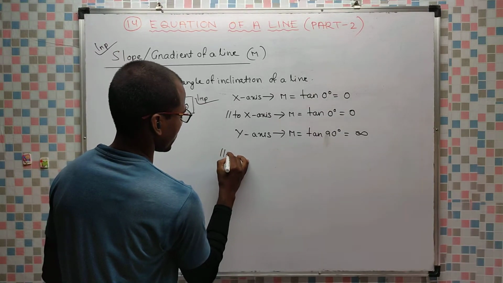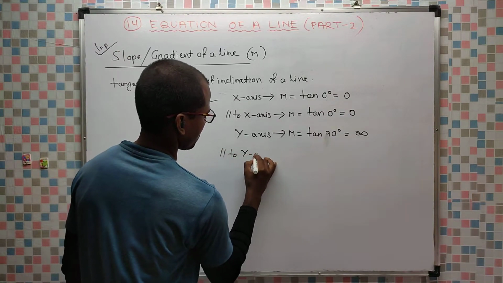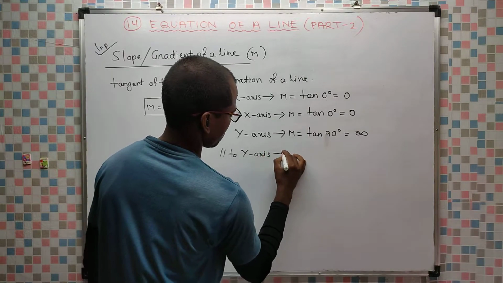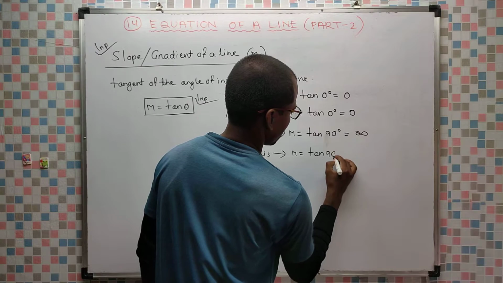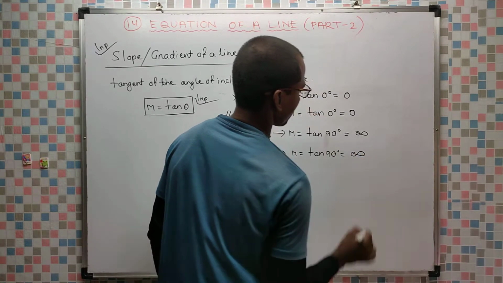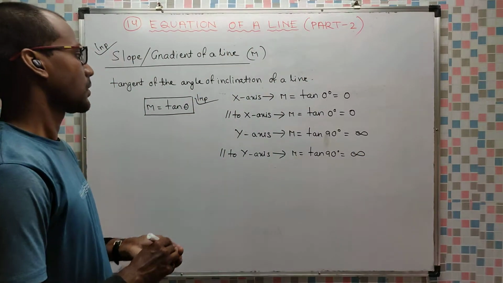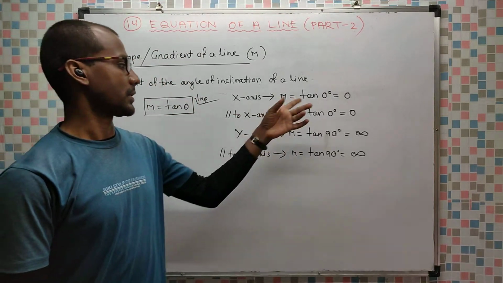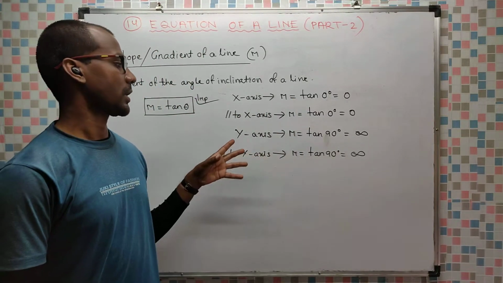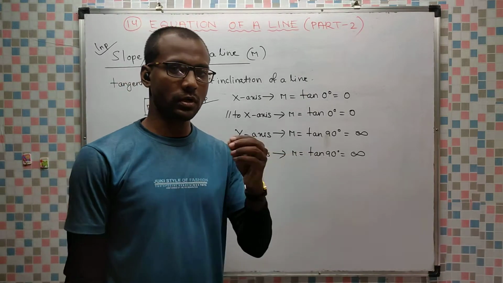If you take any line parallel to the y-axis, again m is equal to tan 90 degree which is also not defined or infinity. So for the x-axis or any line parallel to the x-axis, slope is 0. For the y-axis or any line parallel to the y-axis, slope is not defined.